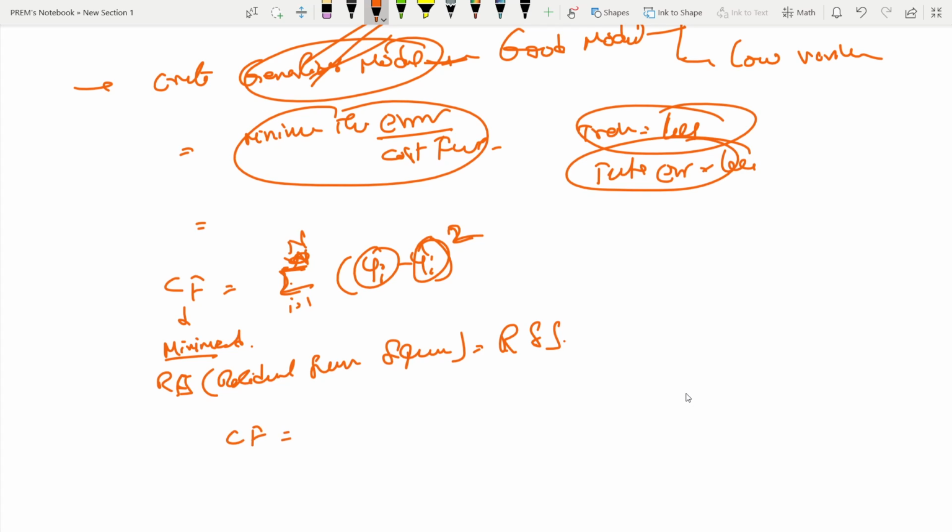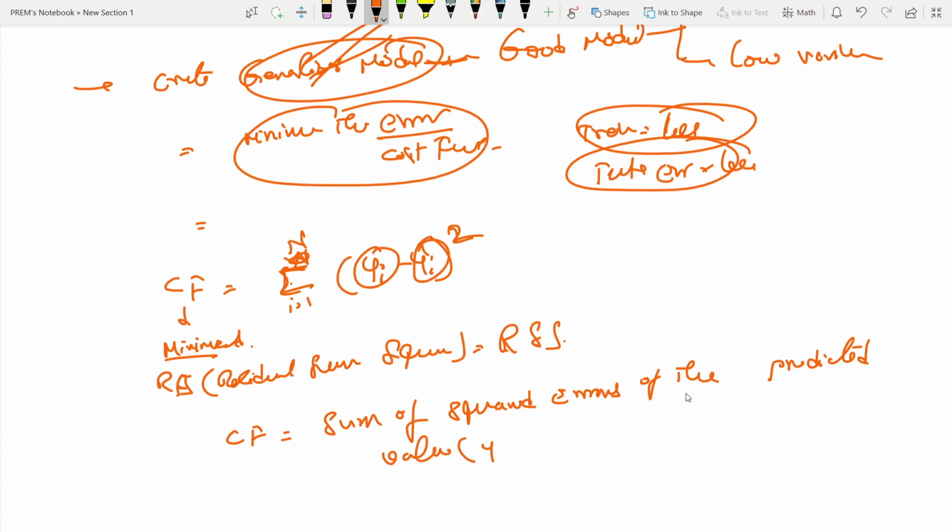So the cost function can be simply defined as the sum of squared errors between the predicted value, y hat, and the actual value, yi.